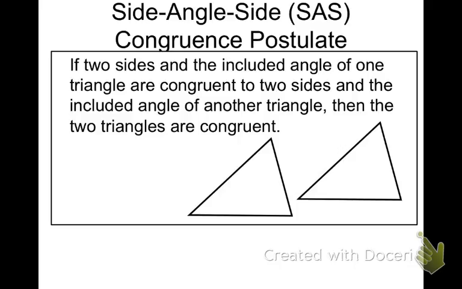So if two sides and the included angle of one triangle are congruent, two sides and the included angle of another triangle, then the two triangles are congruent.